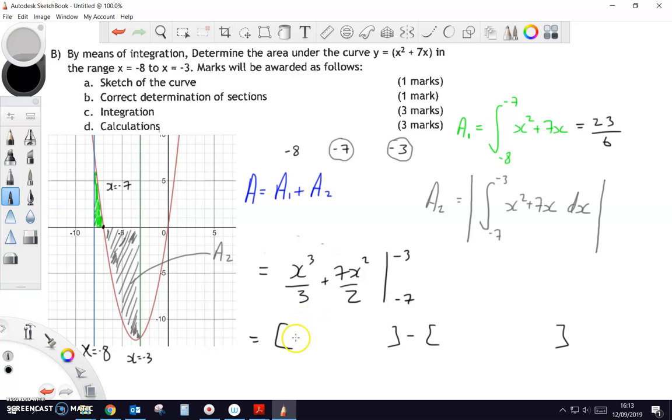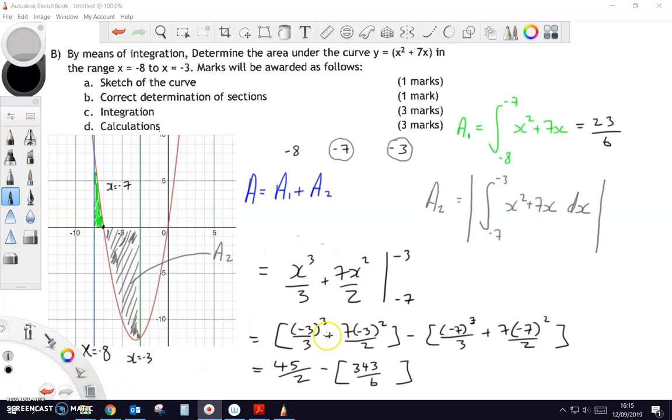Here we have something cubed over 3 plus 7 times something squared over 2, and over here we're going to have the same structure again: something cubed over 3 plus 7 times something squared over 2. The somethings: we have a minus 3 here and a minus 3 here, and that minus 7 goes in here and here. Now you work it out. I'm going to pause this, you should pause as well.